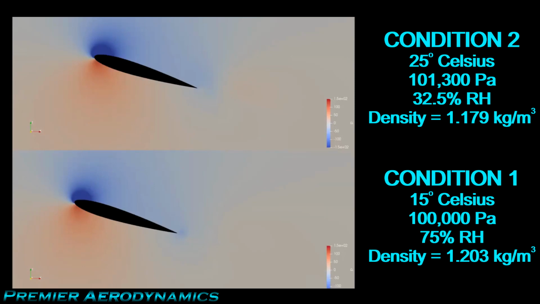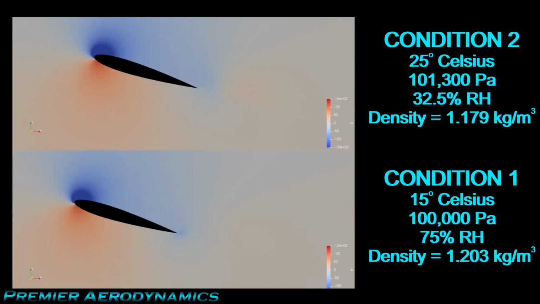So again, these are two simulations that I've done just to represent what would happen in a wind tunnel. In this case, the velocity we wanted was 15 meters per second. Assuming you go into the wind tunnel in condition 1, which is the bottom flow, the velocity is actually 14.98 meters per second. The top airfoil was for condition 2, where the velocity is 15.133 meters per second.